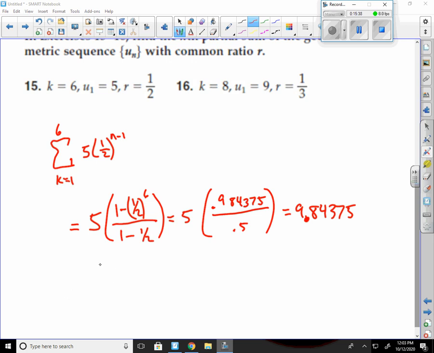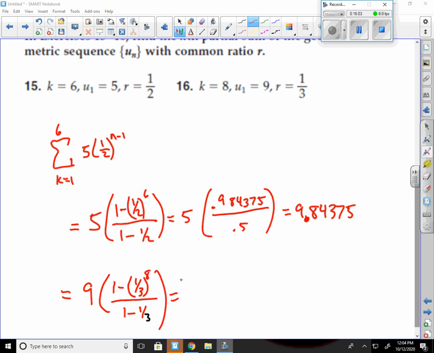So for this one, we're looking for u sub 1 equals 9 times 1 minus 1/3 to the 8th power over 1 minus 1/3. This one I'm going to do just for fun, not converting it to a decimal.